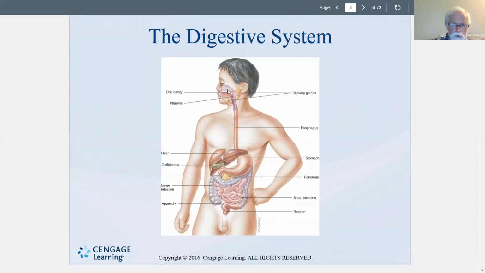The mouth, the oral cavity we call it, and the pharynx. The salivary glands are on the side of the head. The esophagus leads to the stomach.